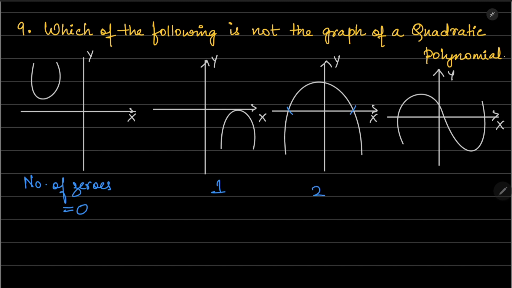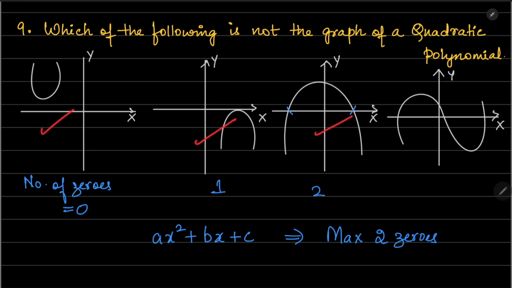Always remember, a quadratic polynomial of the form ax square plus bx plus c will have a maximum of 2 zeros because the degree is 2. It can have no zeros, 1 zero, or 2 zeros. It can never go beyond 2. So the first, second and third are quadratic polynomials. But what are you asked?